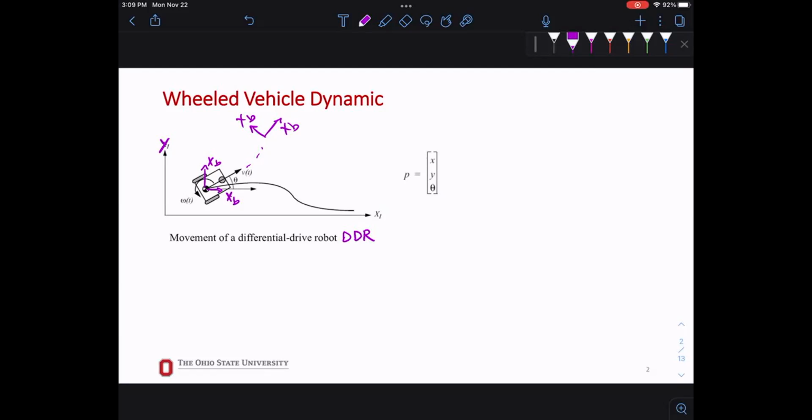The board and the car Z axis are in the same direction, right? So all you have to know is theta, and you use that to create your rotation matrix about Z axis, which is like 1, 0, 0, 0, cosine theta, sine theta, 0, negative sine theta, cosine theta.